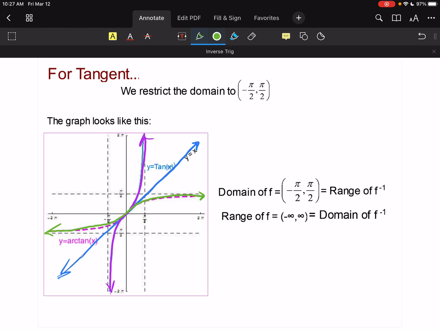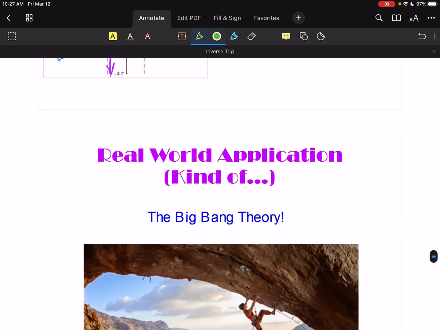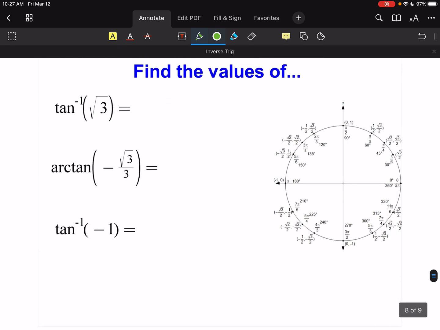And in class, I'll show you a Desmos thing where it builds the inverse off of the regular, so you can see what's actually happening. We'll talk a little more about that in class. Now, for tangent, we're going negative pi over 2 to pi over 2. So I'm stuck in quadrant 1 and 4, similarly to sine.